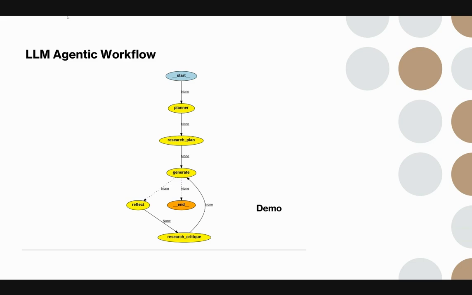Can you all see my screen now? Yeah, so that's what I was describing. All the yellow, the 5 yellow items, are nodes. So you have a research paper. The planner is an LLM that does the planning, and then it creates an outline. The outline is given to an LLM that does the research, basically any RAG kind of research.